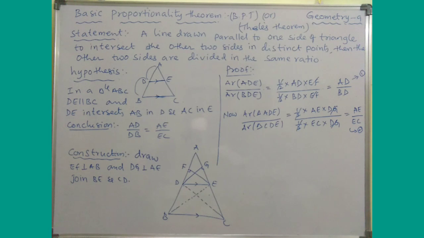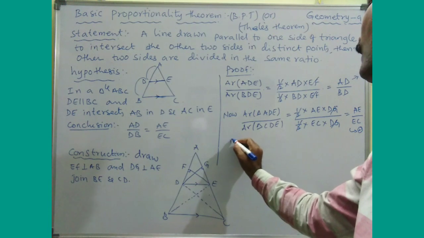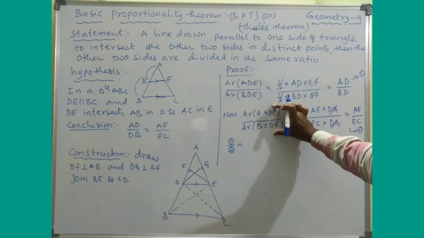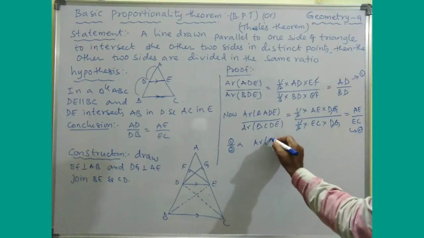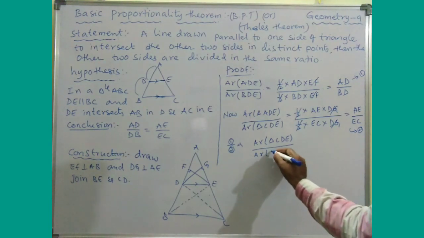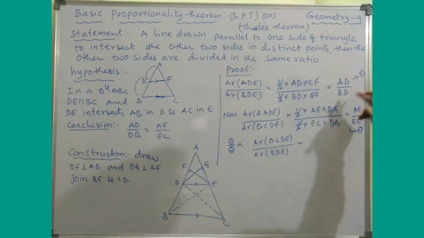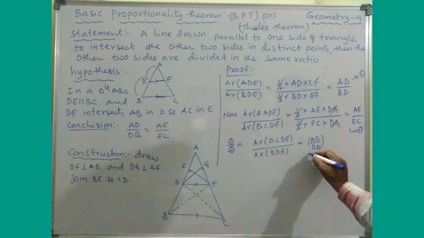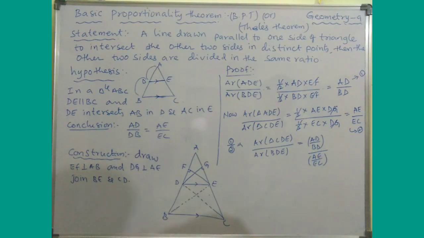So see, if I make 1 by 2, implies this by this, area of ADE cancel, hence I am going to get here area of triangle CDE by area of triangle BDE, which is equals to AD by BD whole divided by AE by EC.